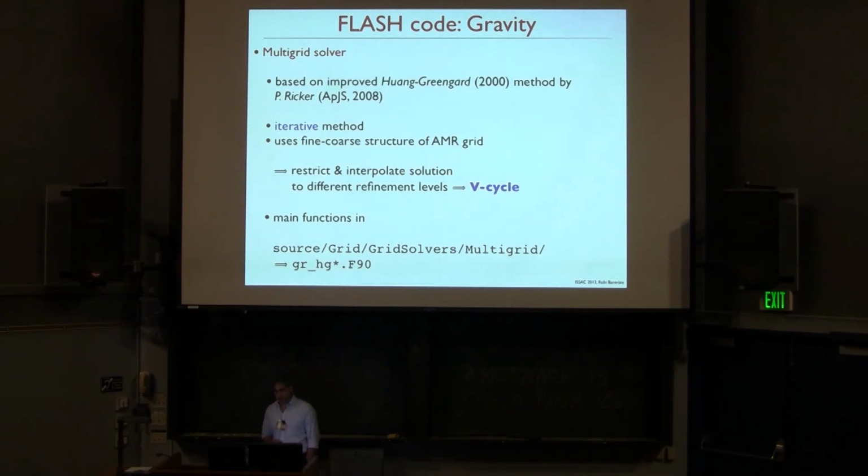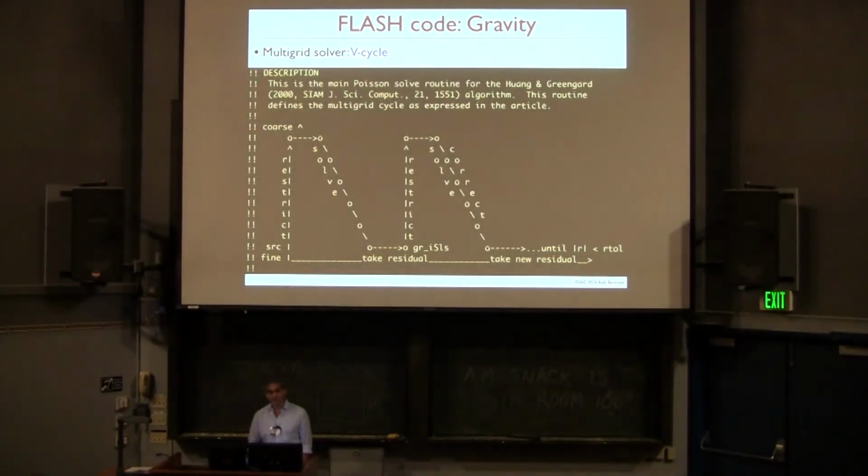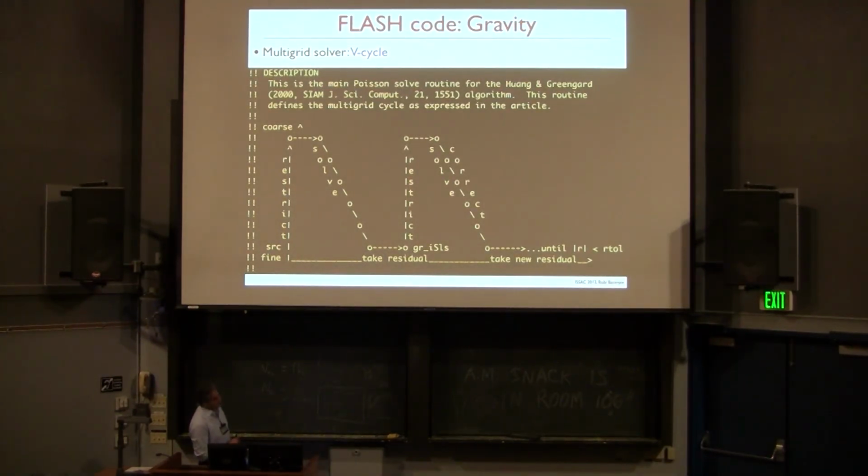This is called a V cycle, which is nicely marked in the code with some comments. It actually looks more like an M rather than a V, but the idea is that you go from coarser to finer grids and check errors, and then do this V cycle again.